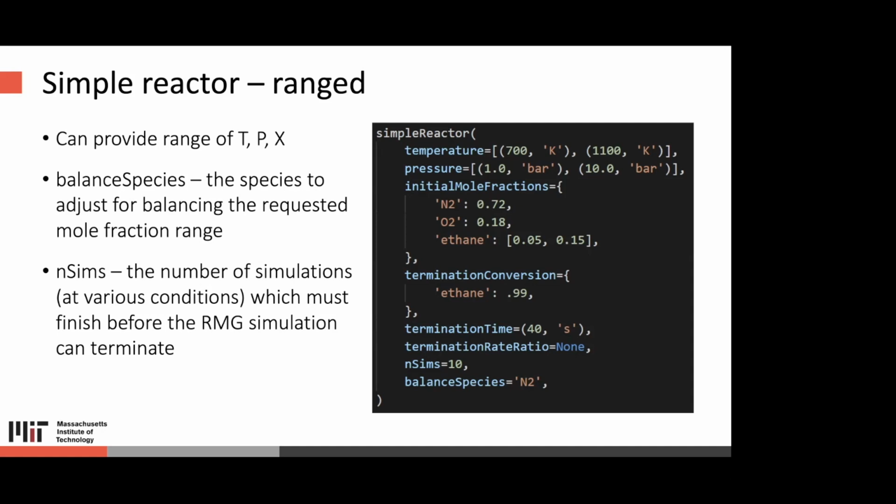Yeah. So is there a way, while using the range feature, to say I want to calculate over these specific temperature conditions, or do you just use the simple reactor and manually run it each time at, say, 700 Kelvin 1 bar, and then again at 900 Kelvin 1 bar?